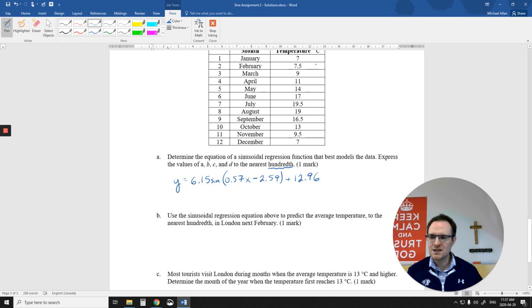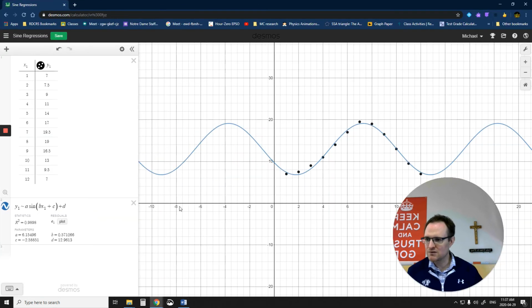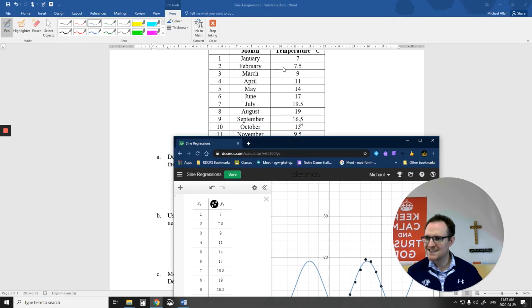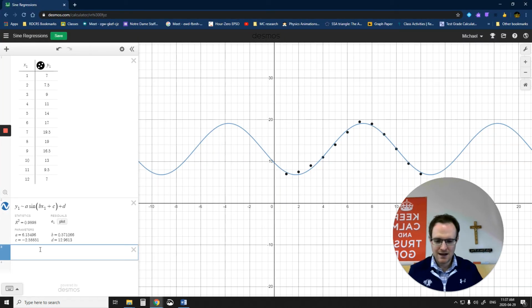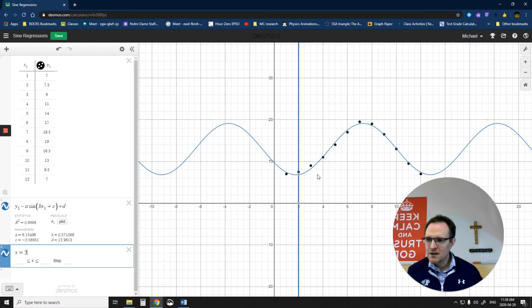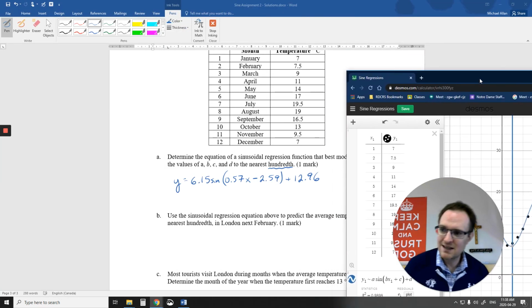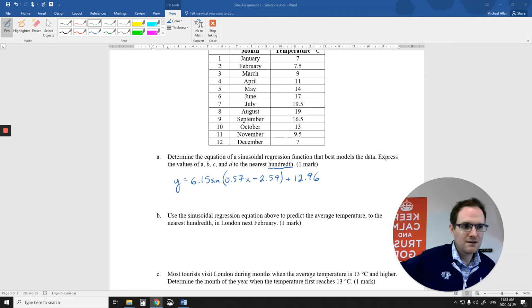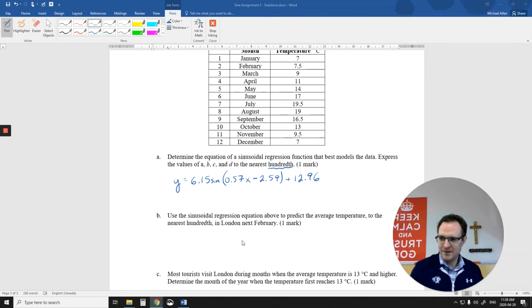February, it says here 7.5, but if you use my regression for February, which is the second month, if I go x equal to 2, you notice that the average temperature in February on the regression is not 7.5. It's kind of a trick. So if I use the regression, I actually get 6.85 degrees Celsius.